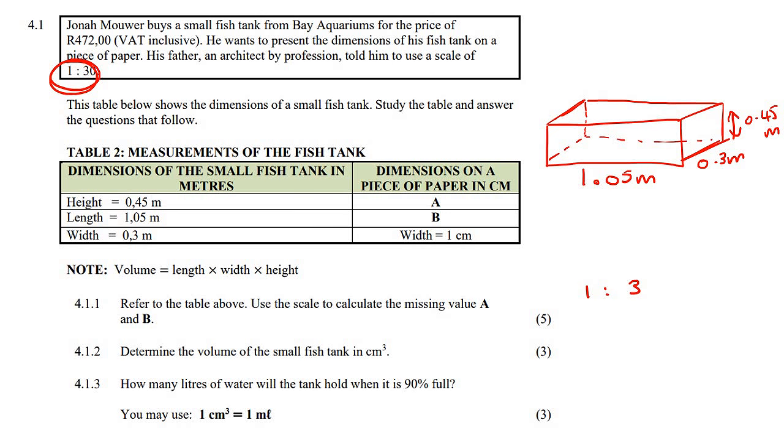So 1 to 30, remember the smaller number is always the one on paper, and this would be in real life. Here they want it in centimeters, here they want it in meters. Wow, challenging. But we'll get this right.